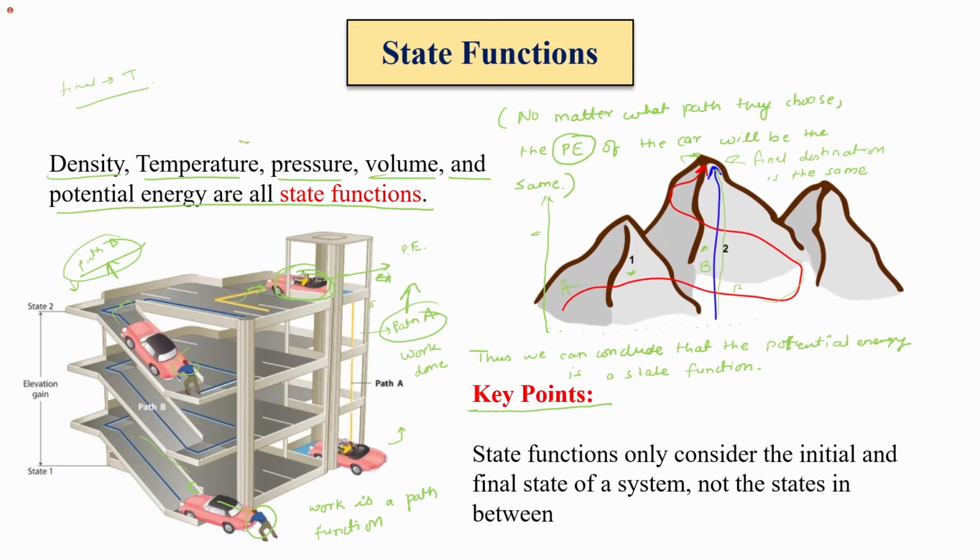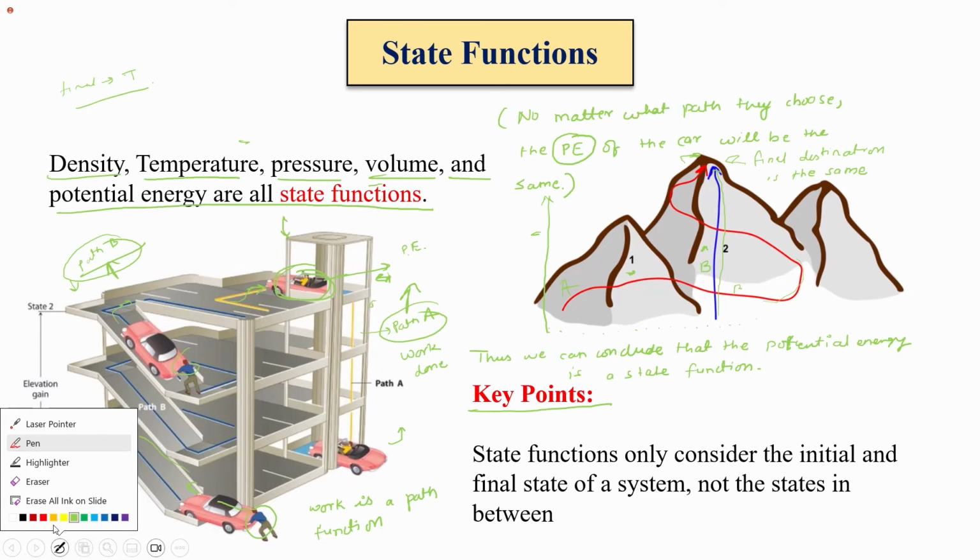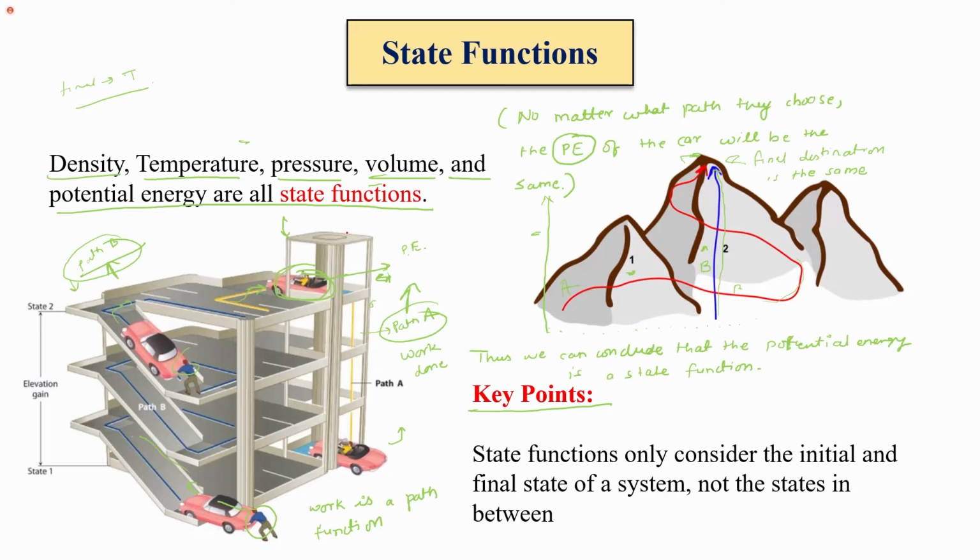The key point: state functions only consider the initial and final state of a system, not the states in between. Let us understand this with this example. Let me change the color of the pen. This is the initial position of person A and this is the initial position of person B. This is the final position.